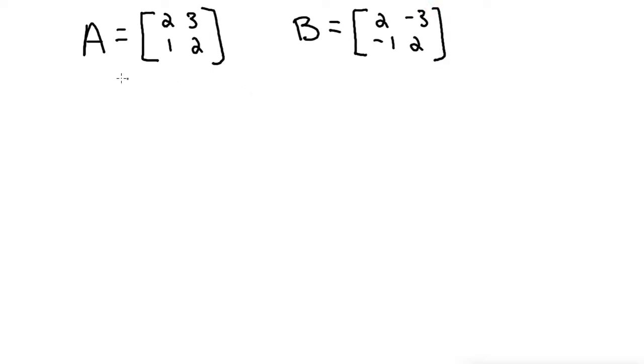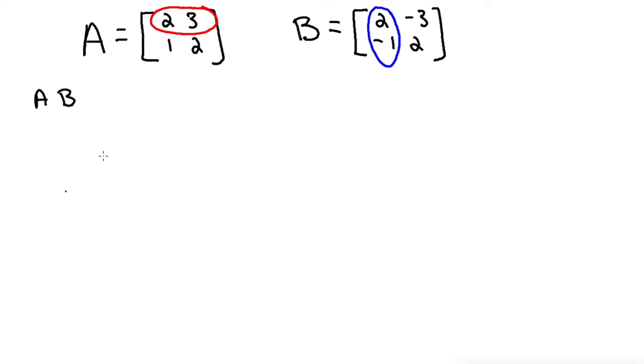And what I want to do is multiply A times B. So if I multiply A times B, I'll take these two numbers right here, and I'll take these two numbers right here.